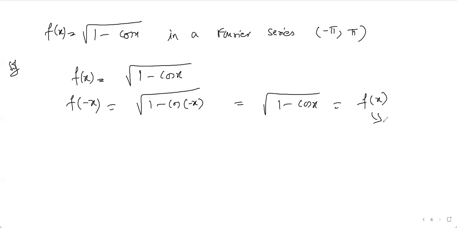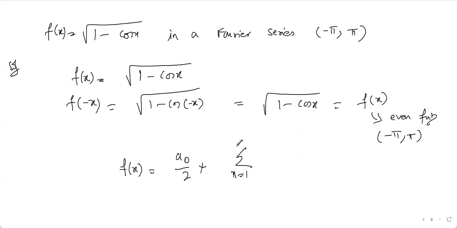So hence this is an even function over the interval minus pi to pi. Since it is an even function, f of x will be a naught by 2 plus summation n equals 1 to infinity a n cos nx.